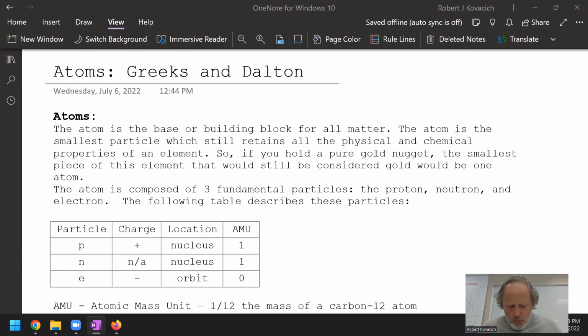So when we're talking about atoms, there are many different types, and the periodic table shows you all the different types that we know. And if we're talking about an element, we're talking about one specific type of atom. So hydrogen is a type of atom. Carbon is a type of atom. Oxygen is a type of atom. Gold is a type of atom.